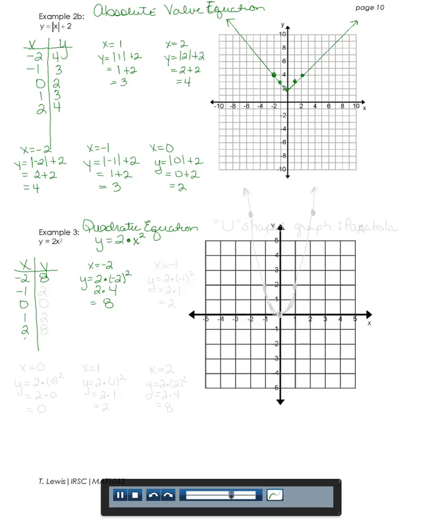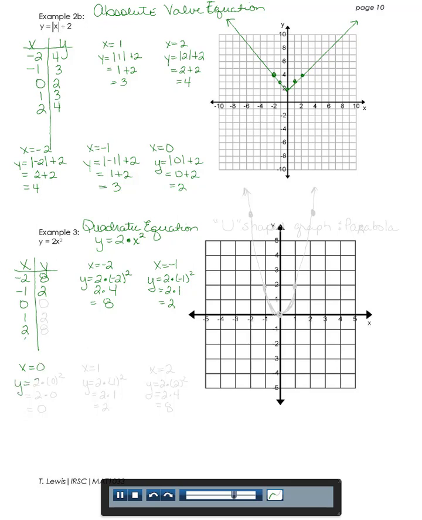With the absolute value and the quadratic equation, there's some likeness to it a little bit, and I'll show you once we finish this. When x is equal to -1, y is equal to 2 times -1 squared. Square -1: -1 times -1 is positive 1. 2 times 1 is 2. 0 is easy.